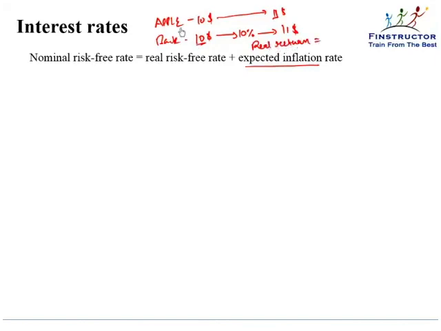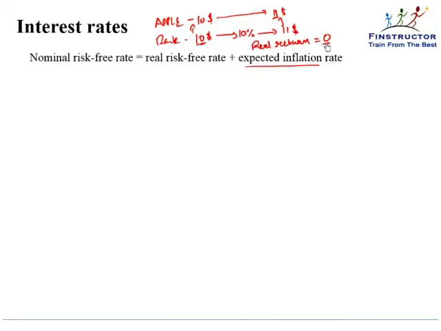Earlier, how many apples could you afford? Just one. Now how many apples can you afford? Still only one. So in real terms, are you any richer? No. Your real return, that is, how many more goods can you purchase, has been 0.